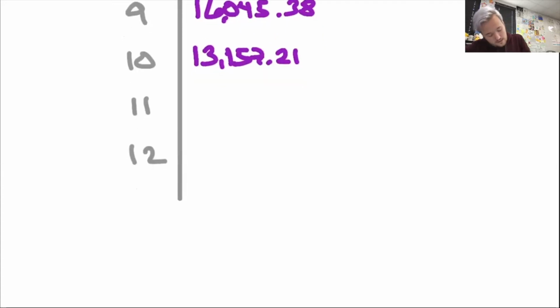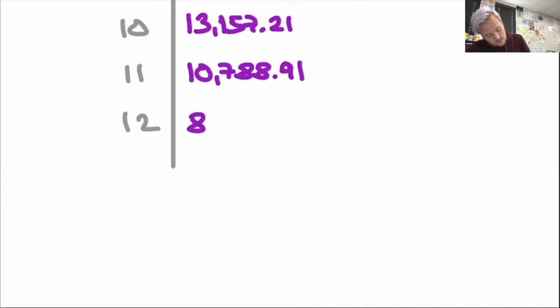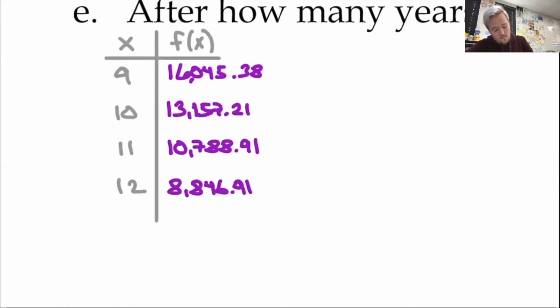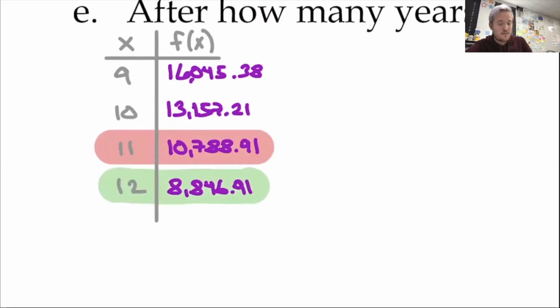After 11 years, it's at 10,788.91. Then at 12, it is 8,846.91. So we want it less than 10K. So here at 11 years, it's still higher than that threshold that we're looking for. But once it hits 12 years, it's finally below that 10K threshold that we're looking for.